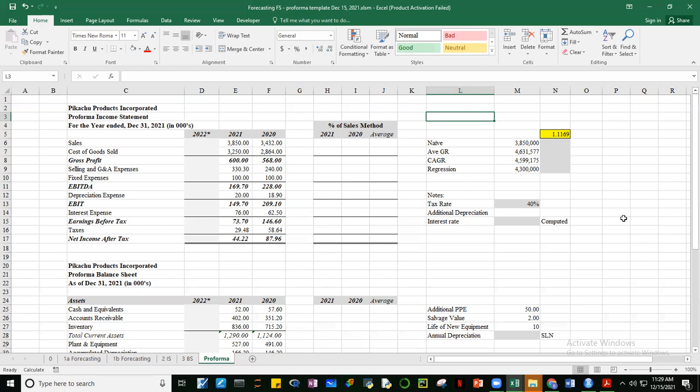Okay. Secondly, it's practical because there are many accounts in your income statement and balance sheet that are really related to your sales. Example, guys, si accounts receivable. Pag tumataas si sales, usually, guys, ang behavior din ni accounts receivable, tumataas din yan.